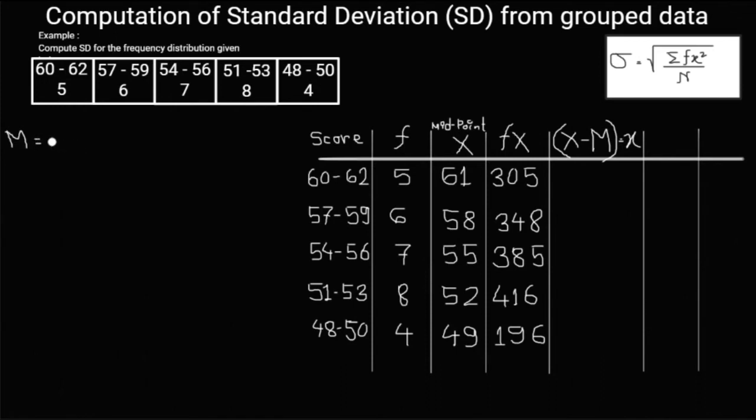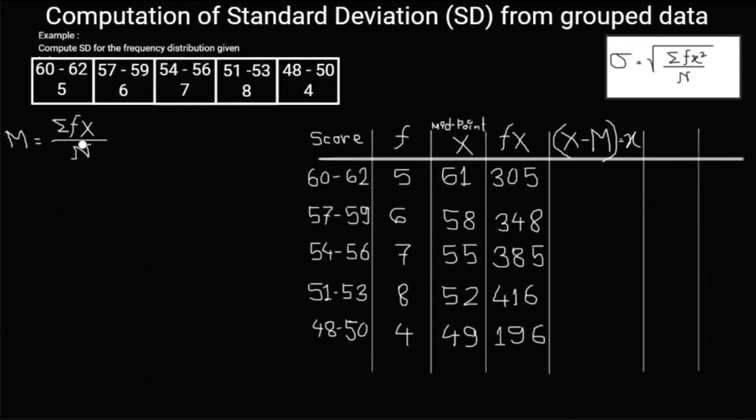In this case, the formula we will use to find the mean from group data is summation fx divided by n.